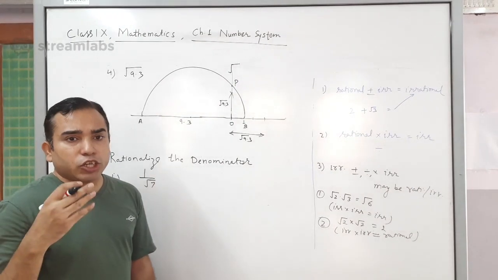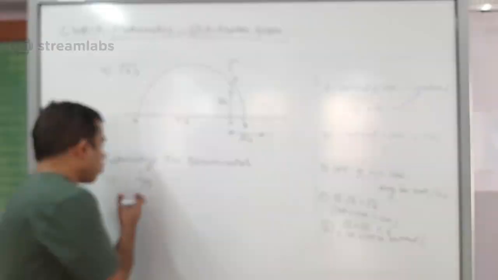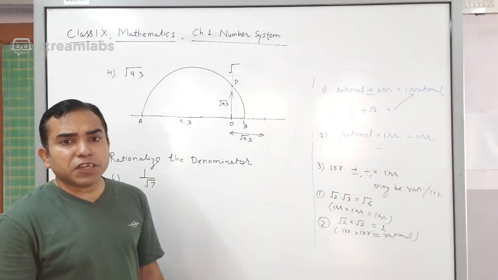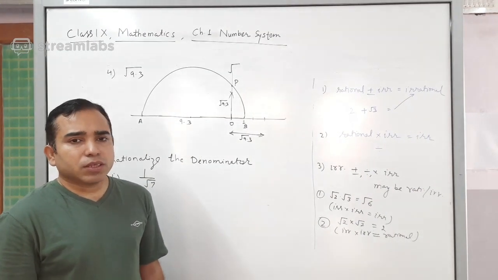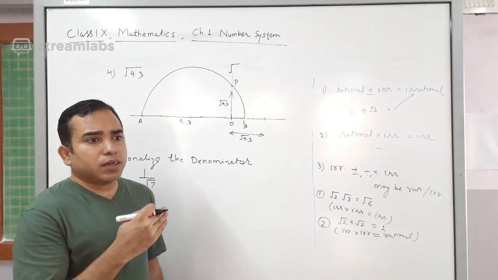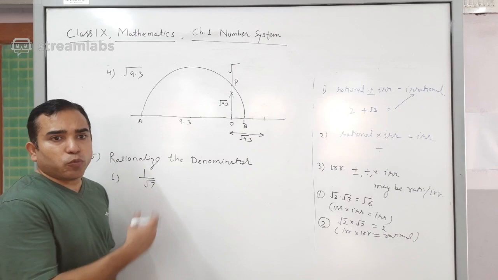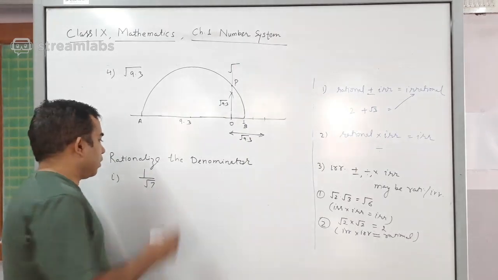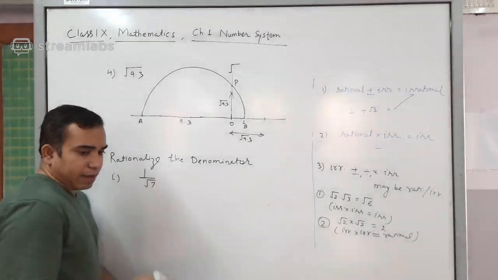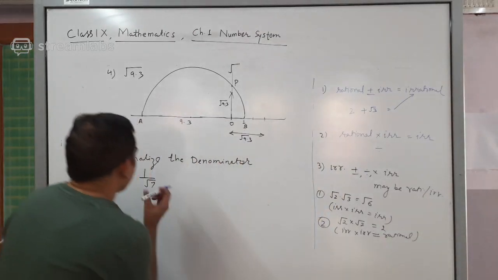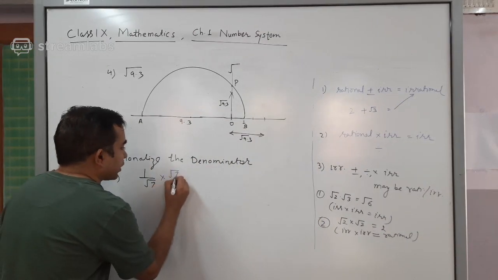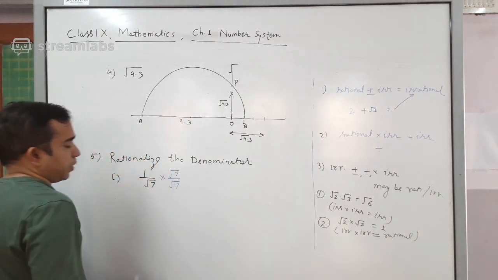If the denominator, the down part, is purely an irrational number, simply multiply with that same irrational number in numerator and denominator. So I can multiply with root 7 in numerator and denominator.